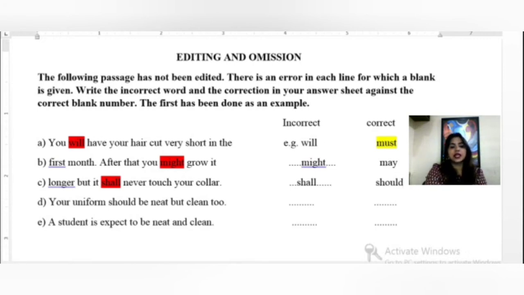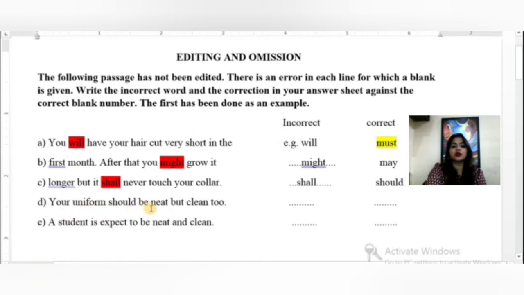In the very first sentence, must. After that, you may grow it. Then in the third sentence, but it should never touch your collar. There is an obligation not as strong as must. So that's why we are not using must, but obligation is there, so in place of shall, should will go. The sentence completes over here.